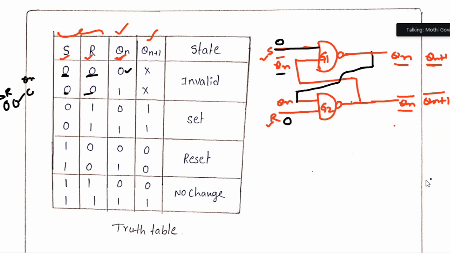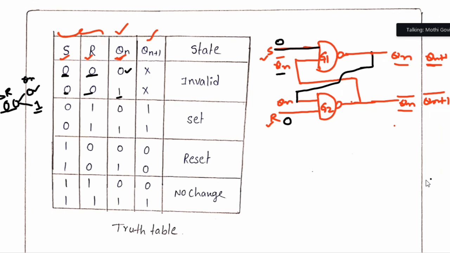Hence one time I assume 0, and the same 0 0 I take again with past output 1. So for inputs SR equal to 0 0, if the past output is 0, what is the expected output, and if the past output is 1, what is the expected output?